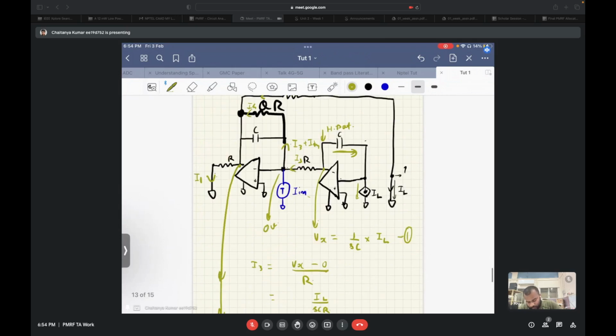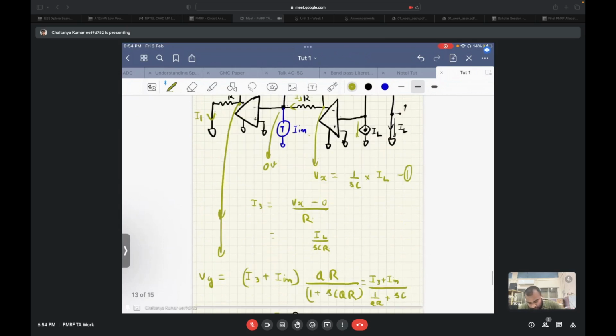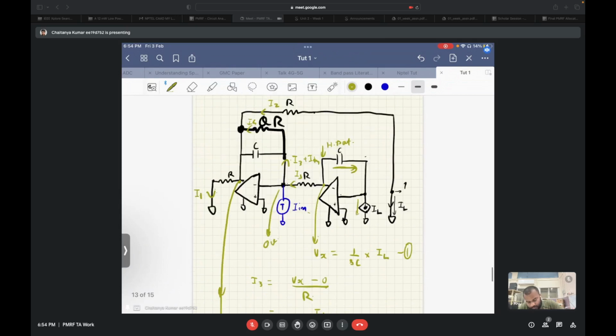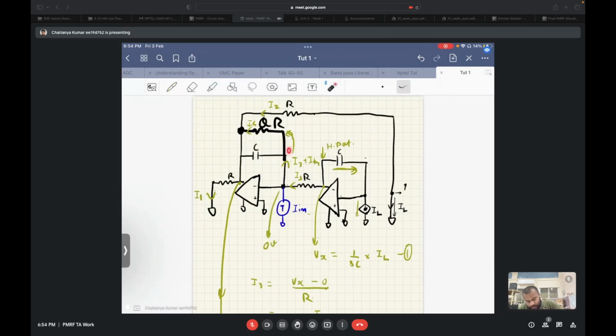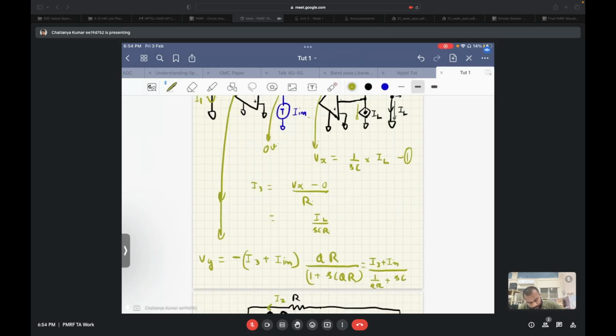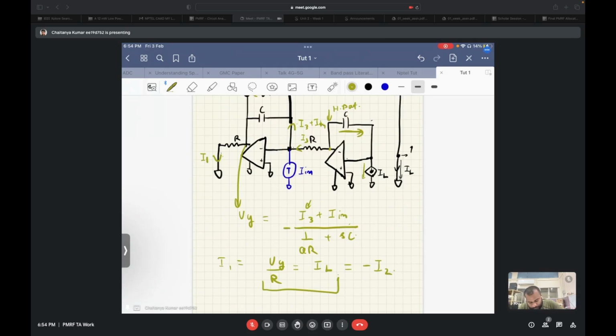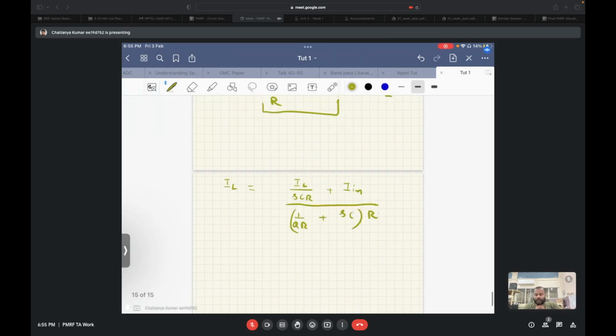Okay, so Vy won't be, so there is a mistake of sign over here. Vy, since this current is flowing in this direction, so this will have to be at negative potential. So Vy will have a negative sign over here, and same over here also. So this is what we have as of now.